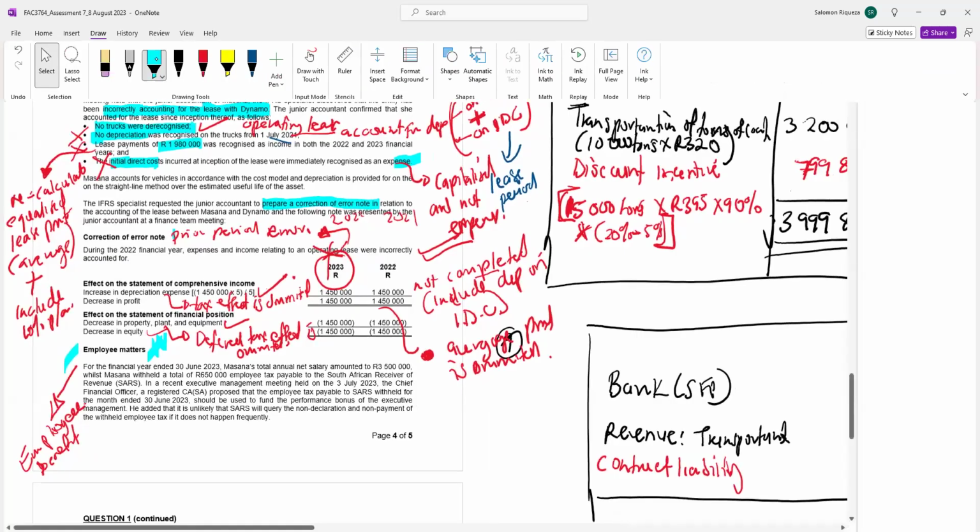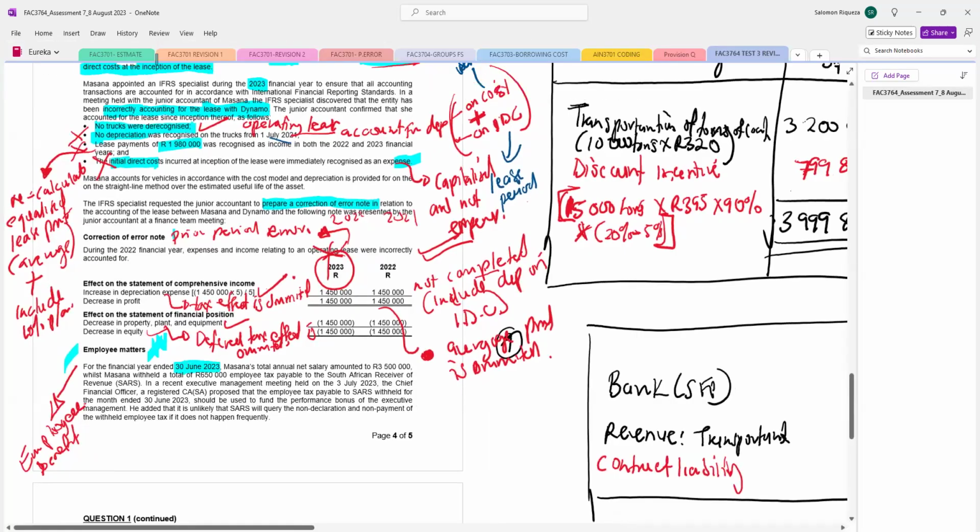So it says here, for the financial year ended 30 June 2023, Masana's total annual net salary amounted to 3,500,000. Whilst Masana withheld a total 650 employee tax payable to the South African Receiver of Revenue, SARS.